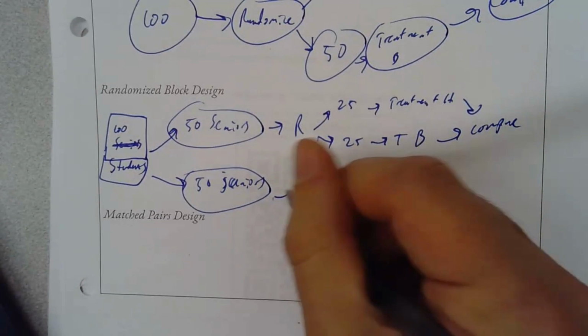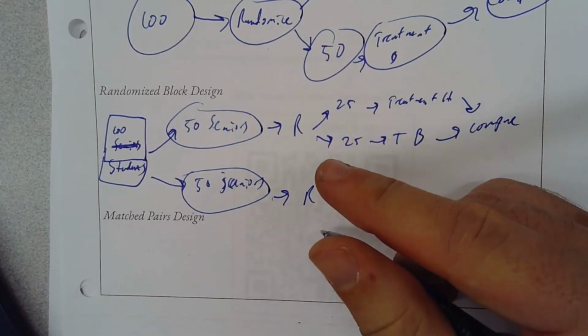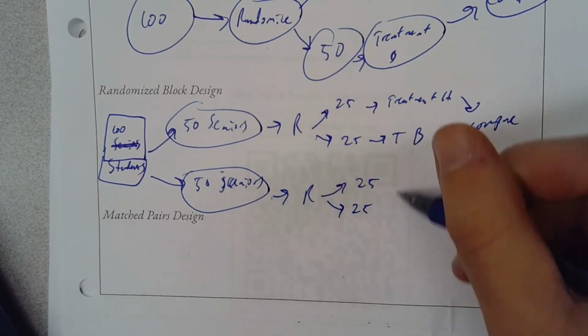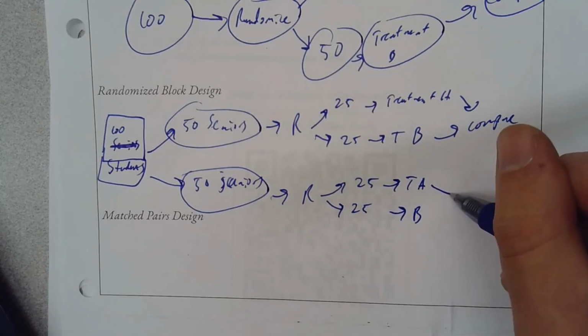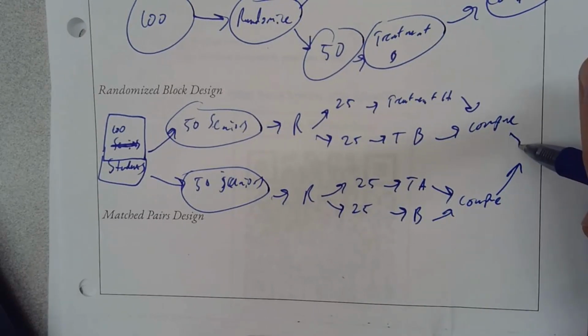And 50 juniors, same thing: randomize, 25, 25, TA, TB, compare, and then compare everything at the end.